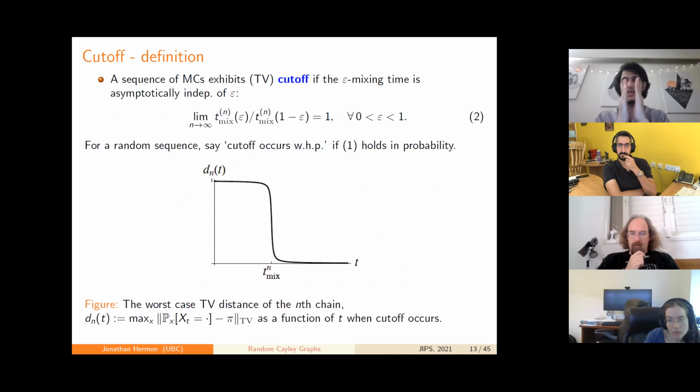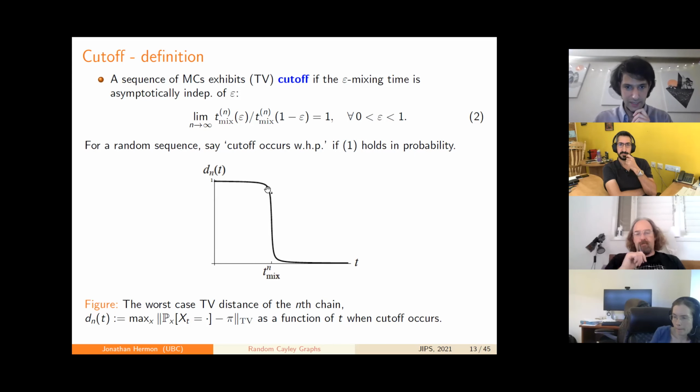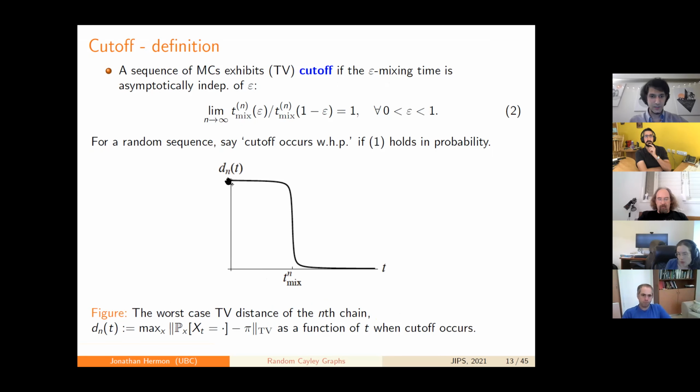And it happens at a narrow time interval, which is referred to as the cutoff window. And the width of the cutoff window, so this is roughly the short interval here, is much smaller than the length of this interval between time 0 and the time that the curve starts dropping abruptly. Okay, so that's really what cutoff means. It's this graph. And the superscript n means that this is for the nth chain in the sequence.